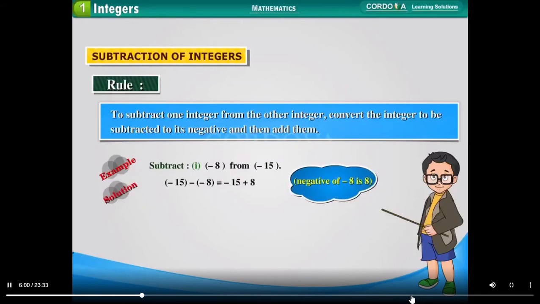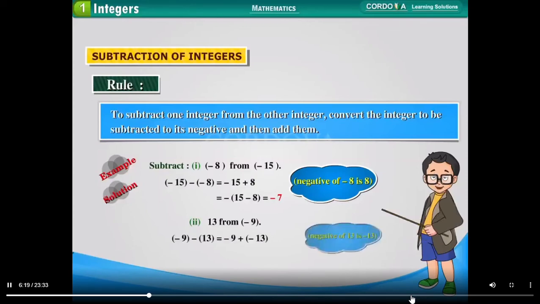The negative of negative 8 is 8, so this is equal to -(15 minus 8), which is equal to negative 7. Next: subtract 13 from negative 9. Negative 9 minus 13 is equal to negative 9 plus negative 13.